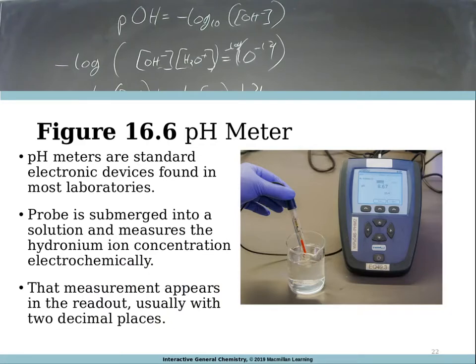Okay, and figure 16.6 shows another way, and that's through an electrochemical probe called a pH meter. You put a pH meter in a solution, and it will produce a voltage that can be measured and converted into pH with a voltmeter. You see that probe, you just stick it in the beaker, and the meter says the pH is 8.67. These things are great.